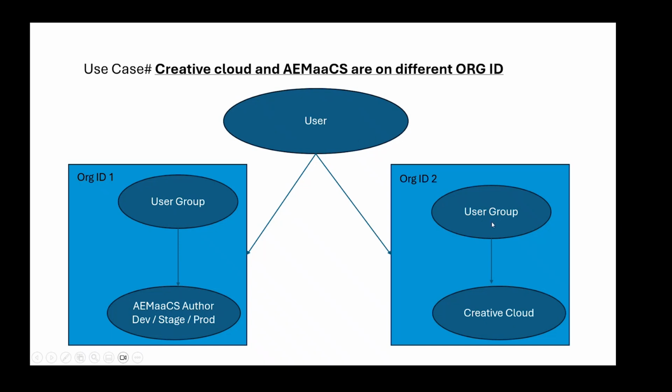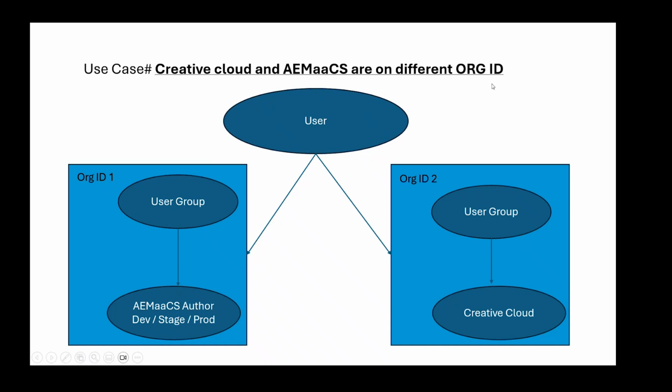So you need to create a similar user there, create a similar type of group, and align a different product, that will be Creative Cloud. So it is a kind of repeated activity at both organization levels, but the product that we are aligning will be different. So that is how you can set up the very first use case, in case your products are in a different org ID.